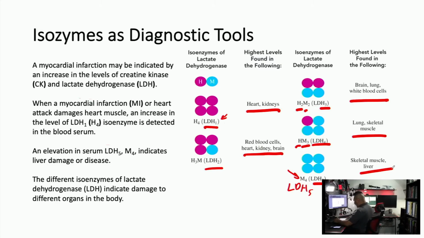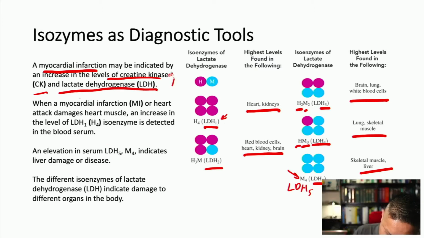We can actually use isozymes like this in diagnostic tools. Here we can detect a myocardial infarction, an MI, or heart attack, because of increased levels of creatine kinase and lactate dehydrogenase. Creatine kinase is another enzyme that works with ATP, but here we're using lactate dehydrogenase as an example.